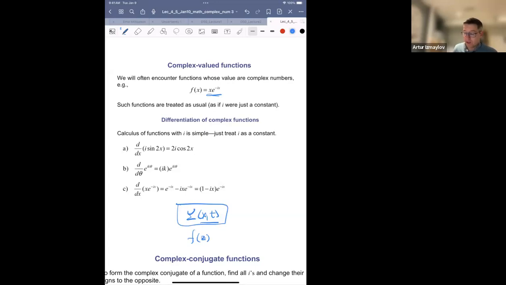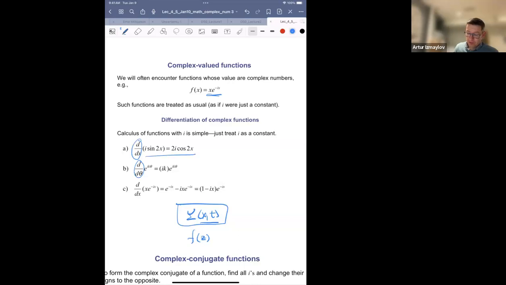Our functions are complex, but the variables are real. So things will be somewhat simpler, because we won't have differentiation or integration over complex variables. We will have differentiation with respect to real variables, and integration as well.